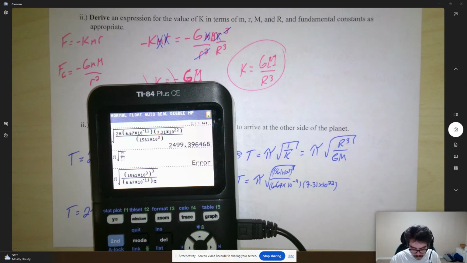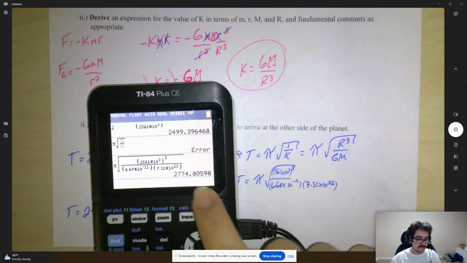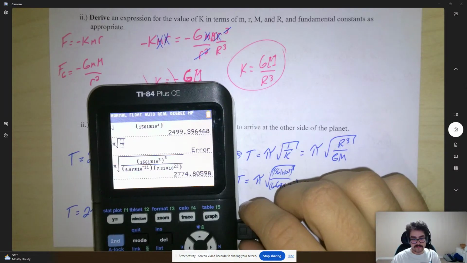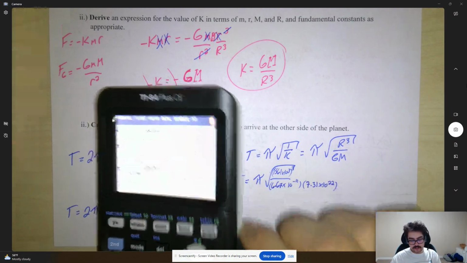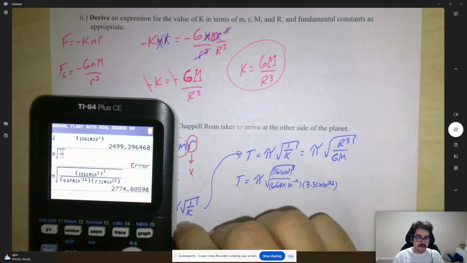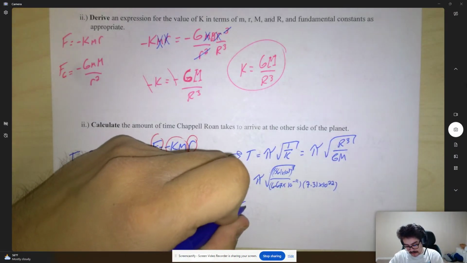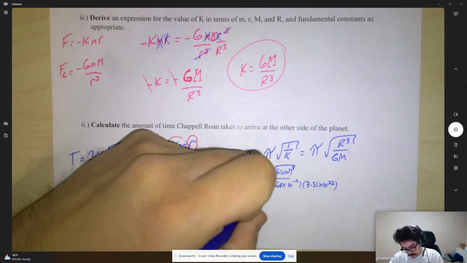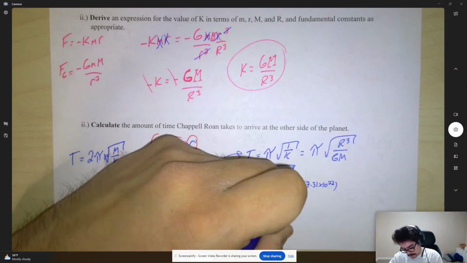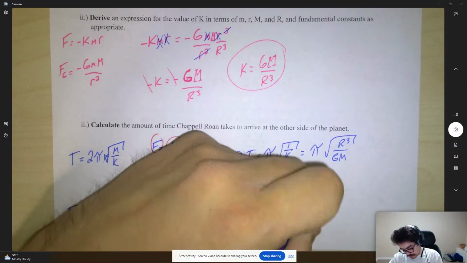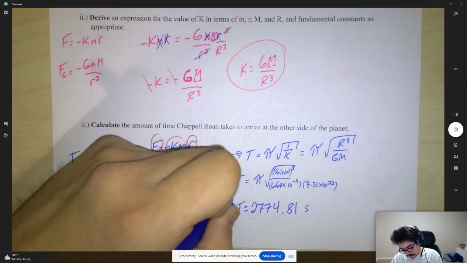And then 7.31 times 10 to the 22nd power, and I should get about, it takes quite a bit of time, right? It takes quite a few seconds to get there. 2,774.805 seconds. So we're just going to say the period is equal to 2774.81 seconds. Okay.